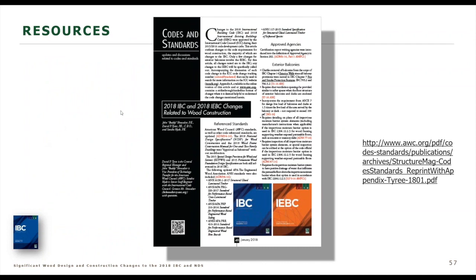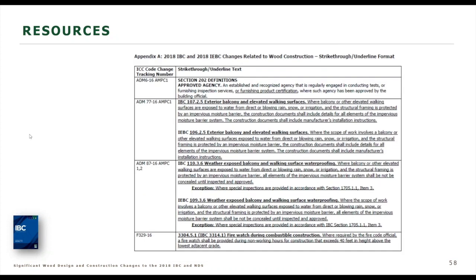Now for resources in the changes, we have this article that's been published in Structure Magazine on the 2018 IBC and the 2018 IEBC. And in addition to a commentary, we also include an Appendix A that shows the actual language that was changed.